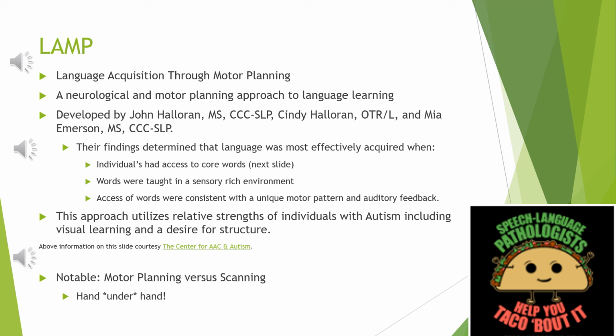Our kiddos love structure. They love when things are predictable. They like knowing first this, then this, right? They want to know first work, then that tablet is definitely coming, right? We love structure here at base. So it only makes sense that the science we use is relative to the strengths of our kiddos, right?